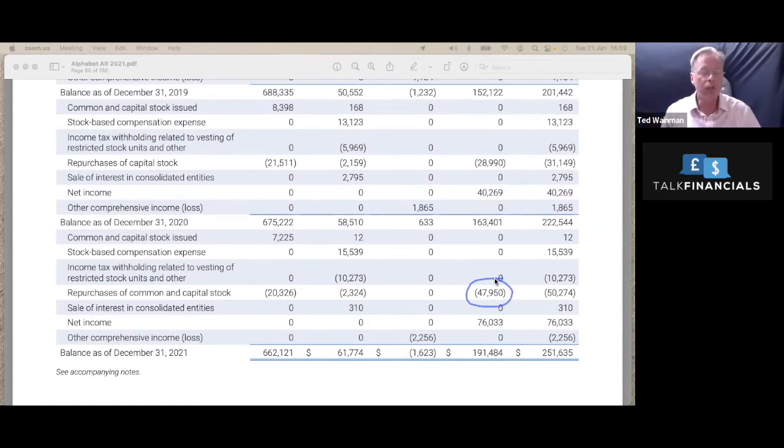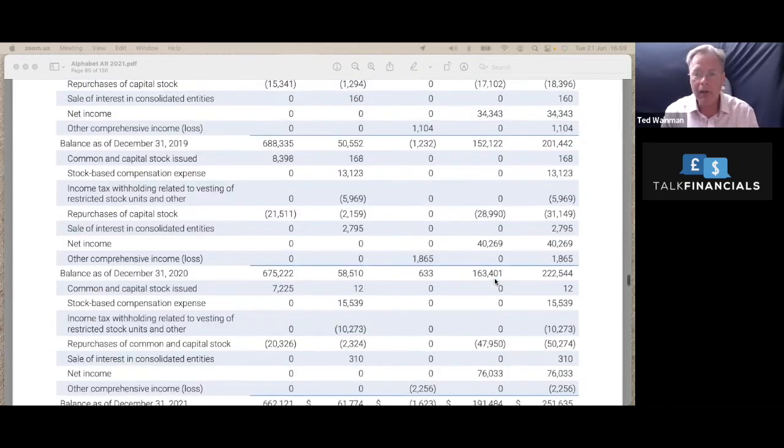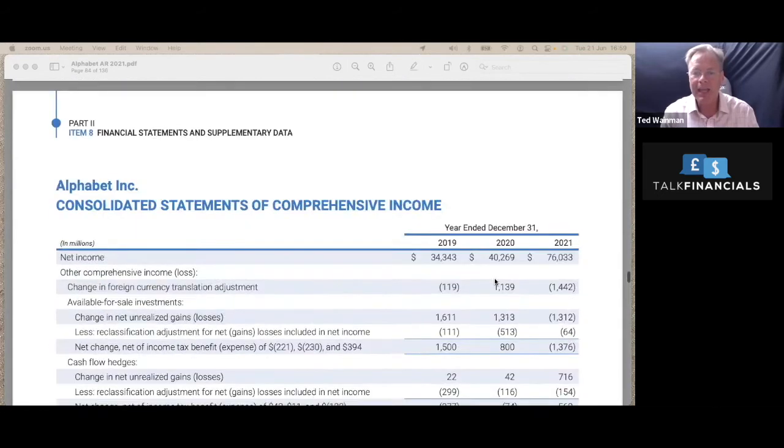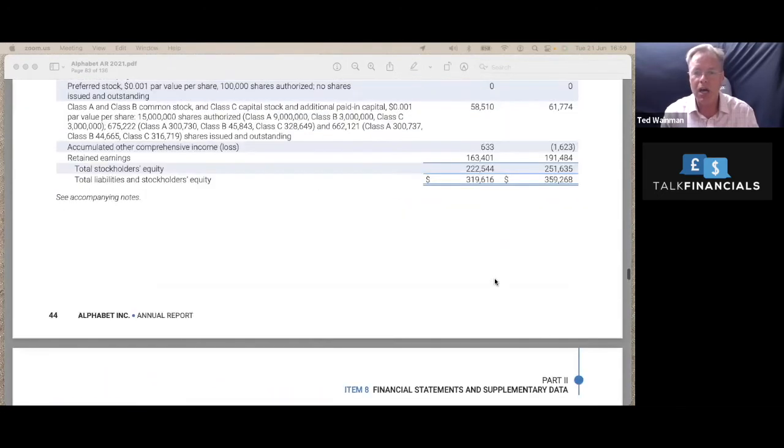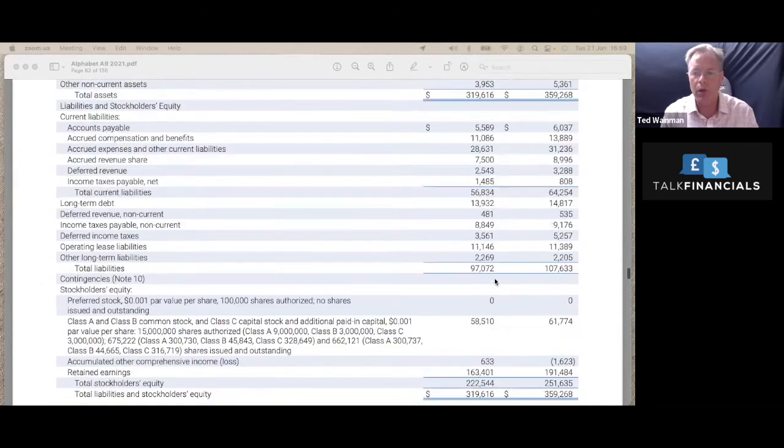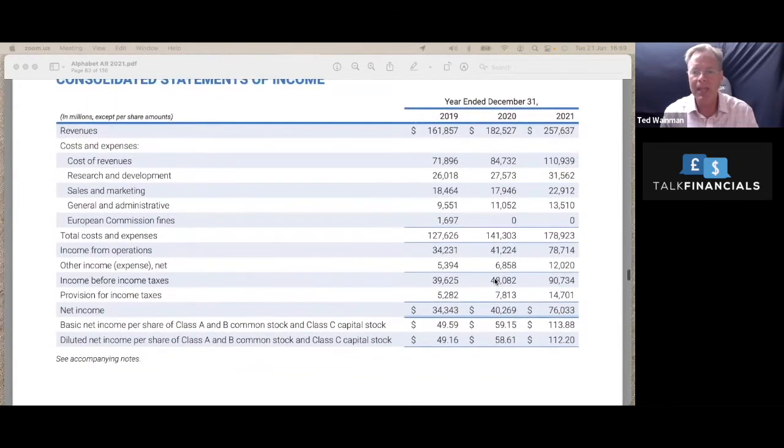Okay, so no dividends, you're not getting any income, but the value of those shares is going up. They are a big purchaser in the marketplace, and therefore that's going to be pushing the share price up. Now, one of the effects of that is to impact the earnings per share. So let me show you what I mean here. We're back in the income statement. So here we can see the earnings per share from 59 to 113 cents per share.